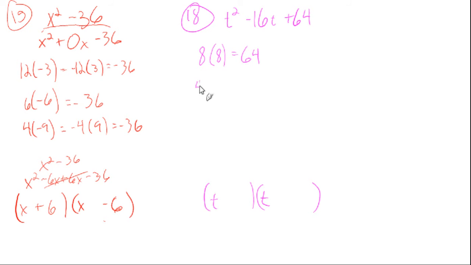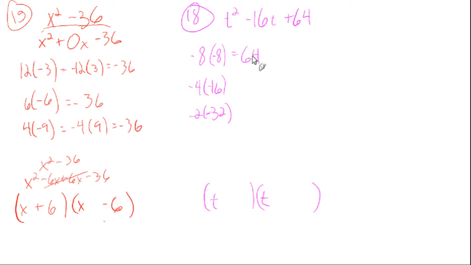We could do 4 times 16. We could do 2 times 32. We could do all these different possibilities, but something that you might notice is that this is positive, this is negative. We multiply to make positive, add to make negative, so that's a situation where both of these would be negative.